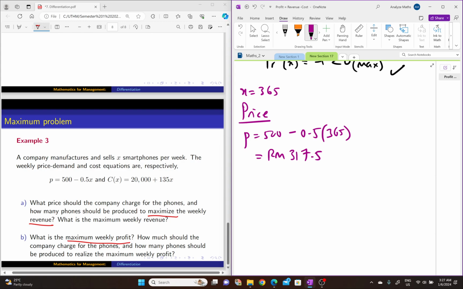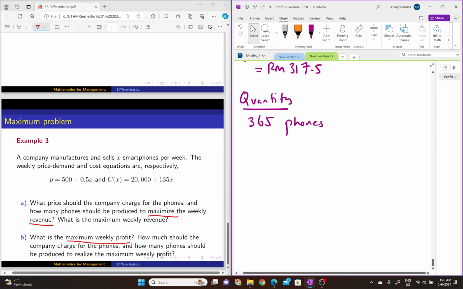And then what they want, how many phones, quantity: 365 phones. And the last one is the maximum profit.